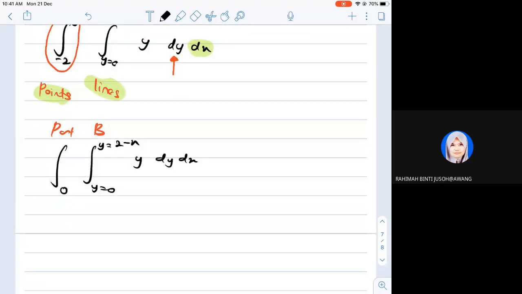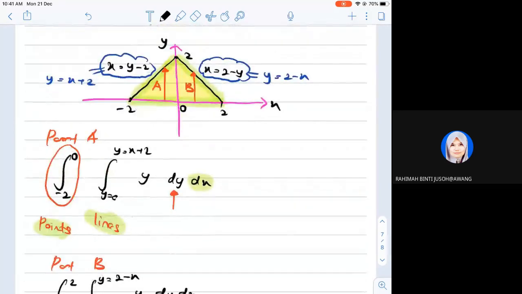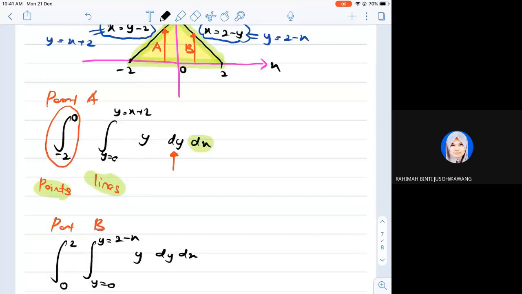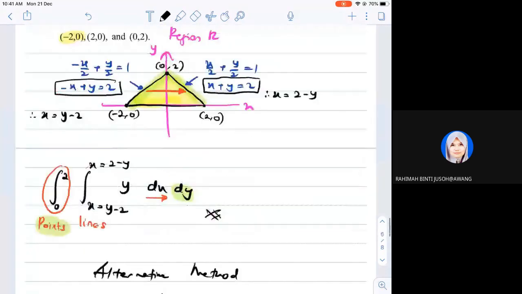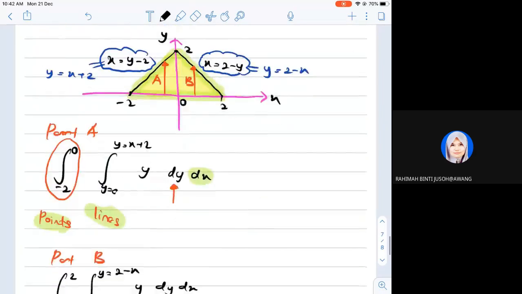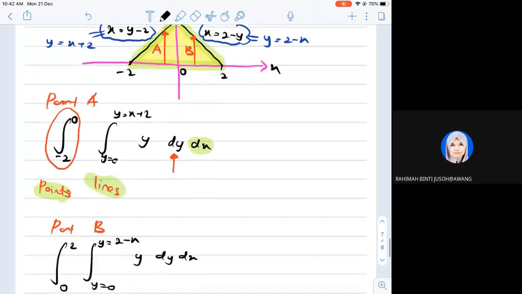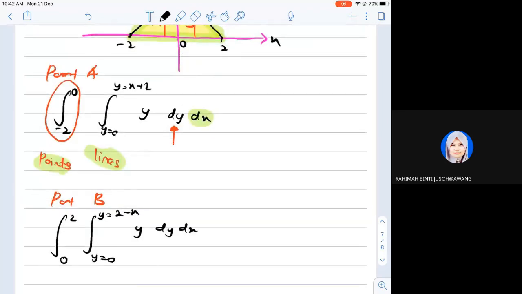So if you choose dy dx, it's a bit tedious because you need two parts of integration. However, if you choose dx dy, there is only one integration involved. So do you understand between the first method and the second method? Both will give you the same answer.